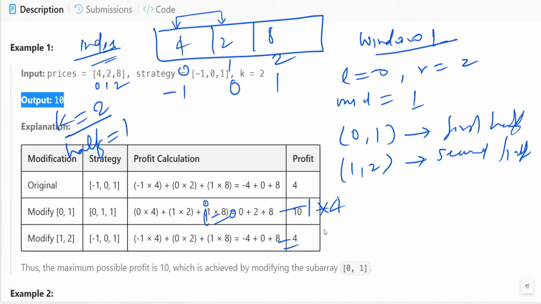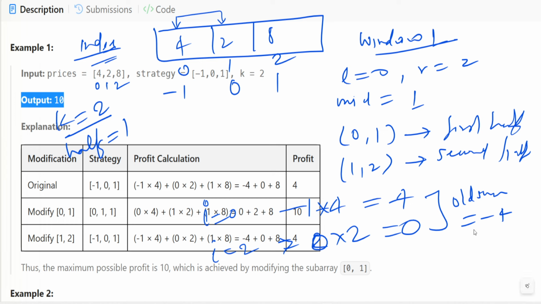So we'll get -4. When we are talking about index 2, here we'll get 2 into 0, 0 into 2 will get 0. So if we do the sum, we call this the old sum, where you will get -4 and 0, and the old sum is nothing but -4, right?